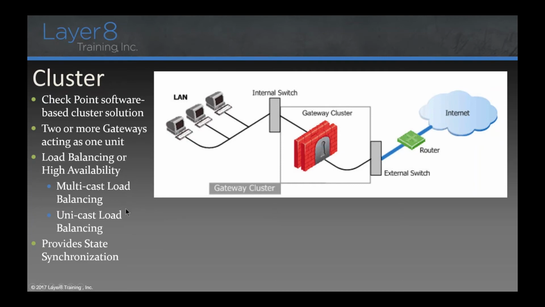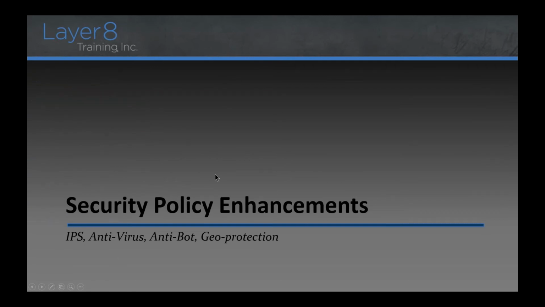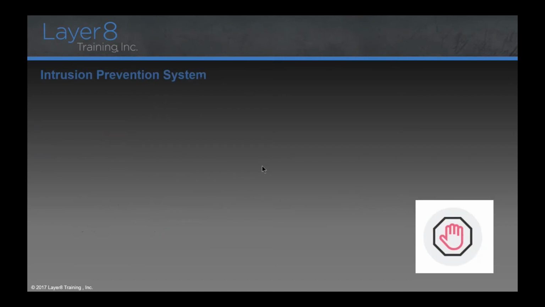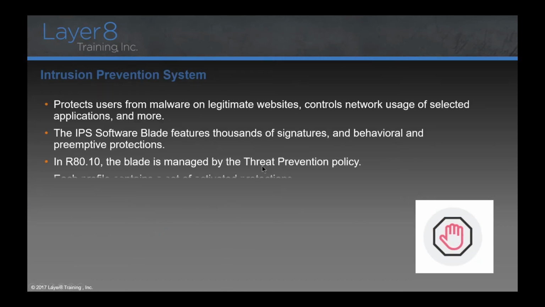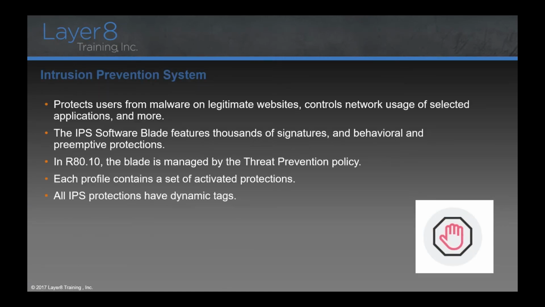We've also got some external protection as well. We've got the IPS, the antivirus, the antibot, the Geo Protection options inside of the system. And IPS is a component that's going to utilize what's called the Checkpoint Threat Cloud.